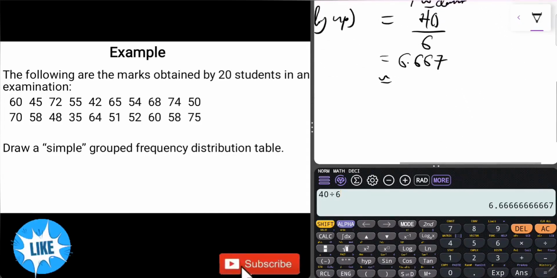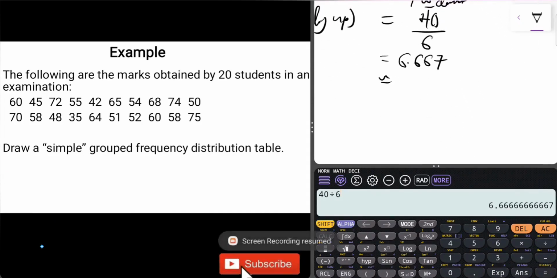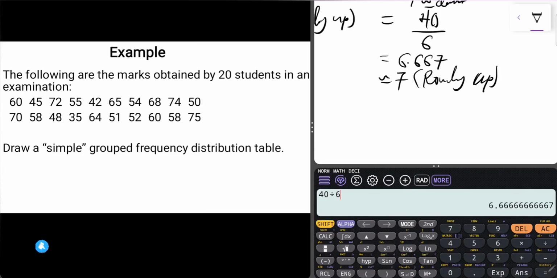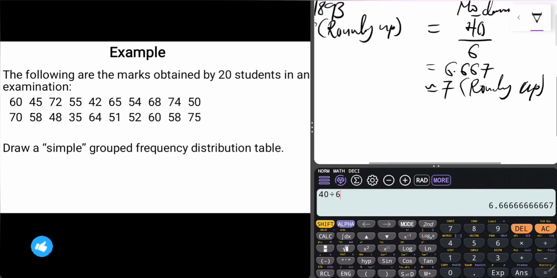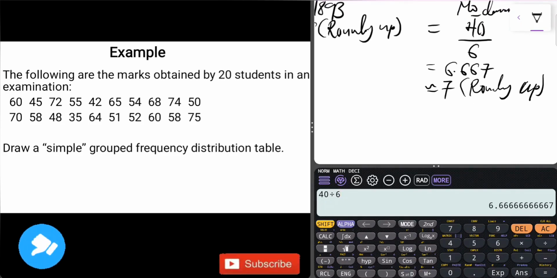Is that okay? Likewise here, we round it up to approximately 7. So, rounding up, that is all. So 7. Meaning that our class size, or our class width, the difference between the lower class limit and the upper class limit, should be 7 in that case. Is that okay?